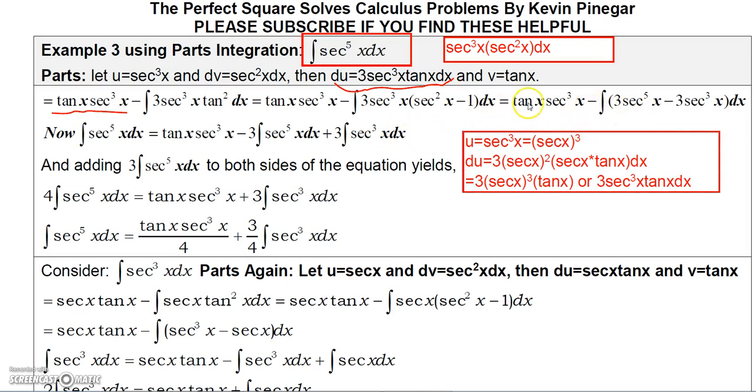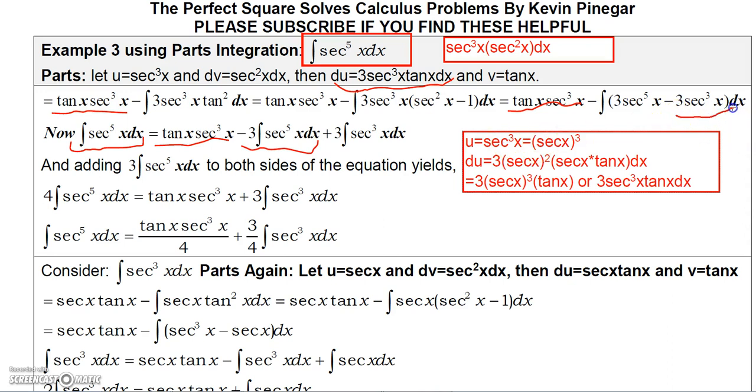Now, basically, what have I shown you so far? Well, so far, I've shown you that I can rewrite the integral of secant fifth x as this, which is tangent x secant cubed x, minus this integral, which is minus 3 times the integral of secant to the fifth x dx, and then plus this integral.